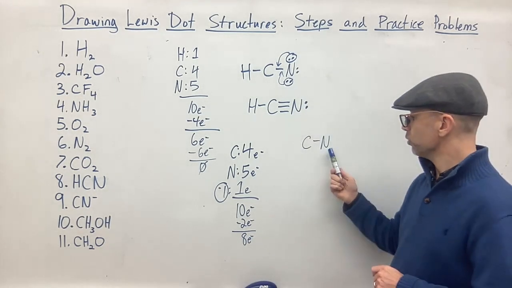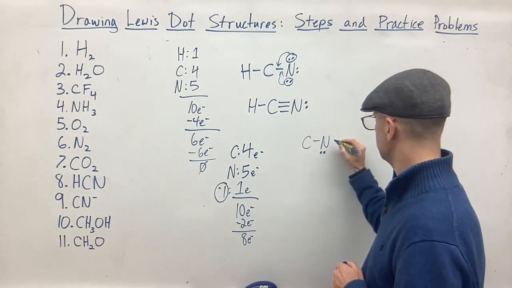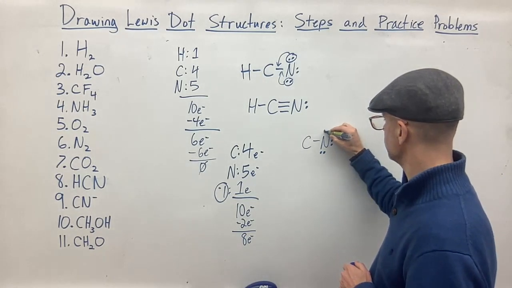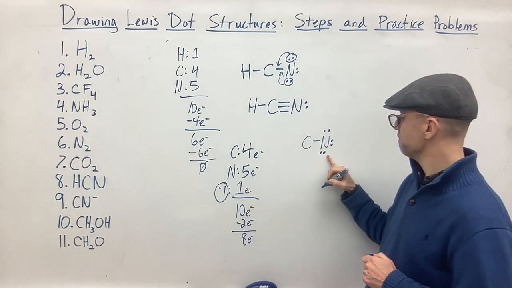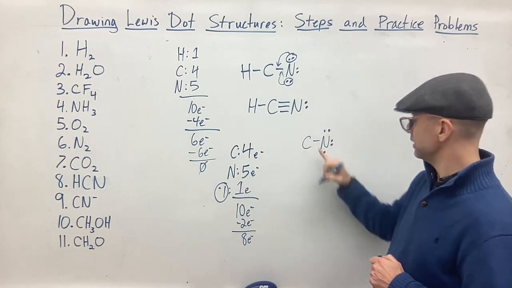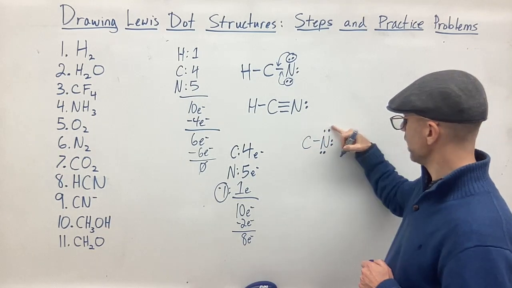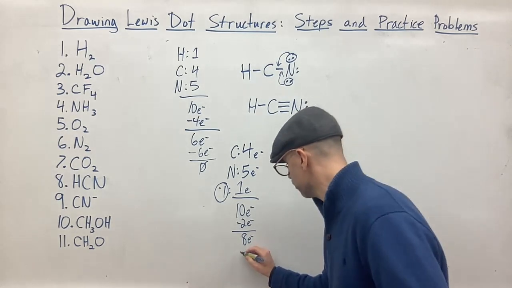So now we're going to put lone pairs onto the nitrogen, which is our outer atom. We're going to give nitrogen an octet. Nitrogen now has an octet. So 6 electrons plus 2 in the bond, that's 8. So we have to subtract out the 6 we used for the lone pair.